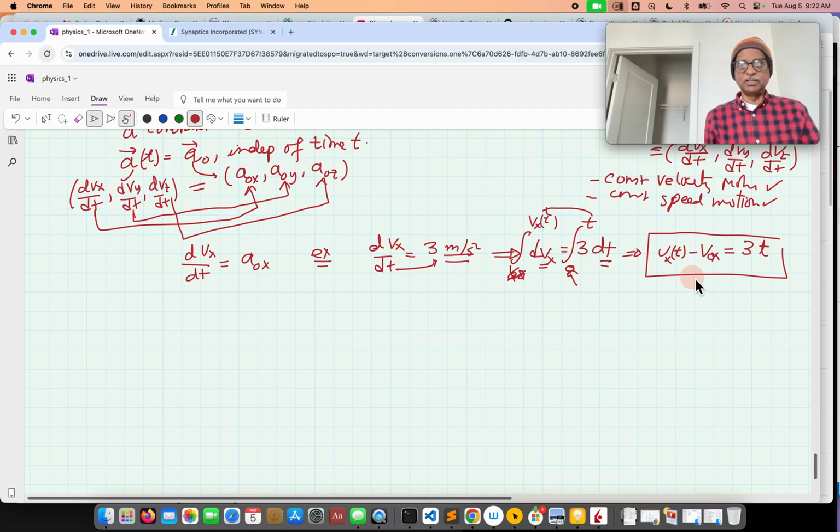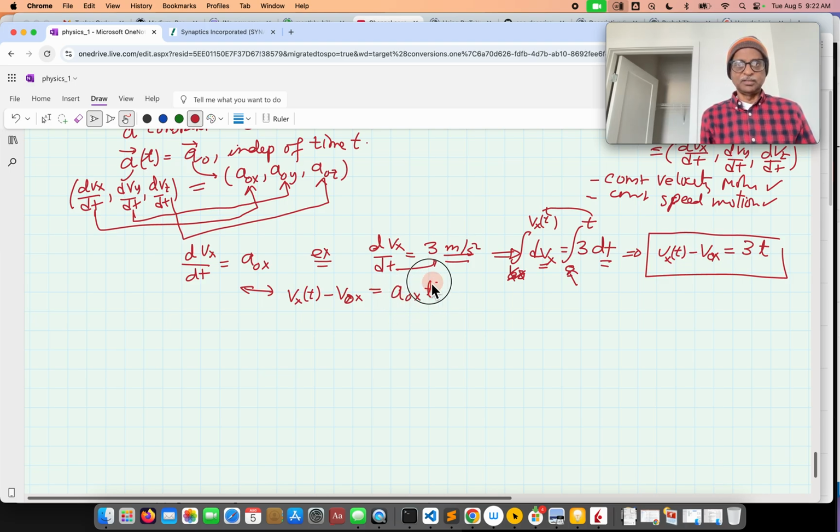So that's how it's going to work with the numerical values of v0x, a0x. Over here, you can just carry out the same thing, and this will give me vx at an arbitrary instant minus v0x at 0 time equal to a0x times t. This is from 0 to t that I did.